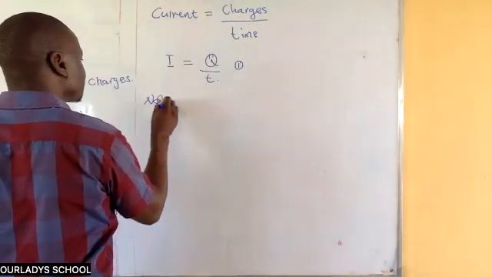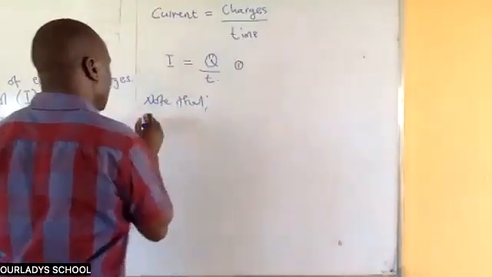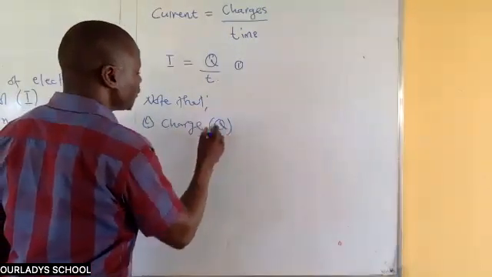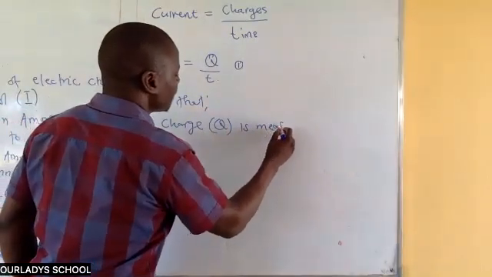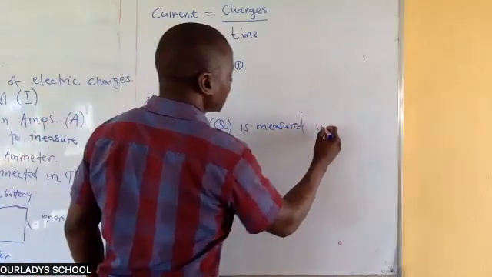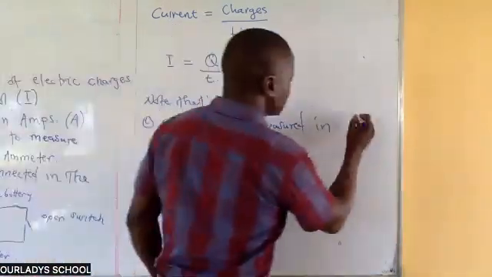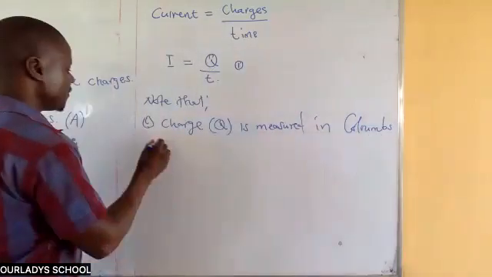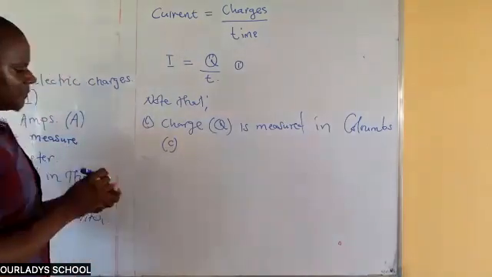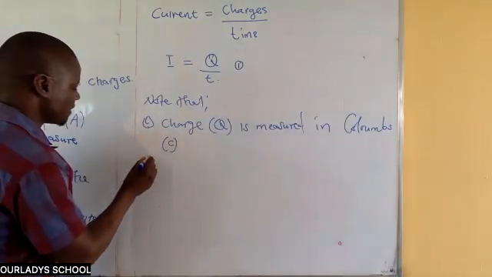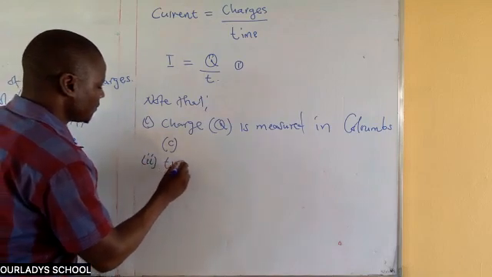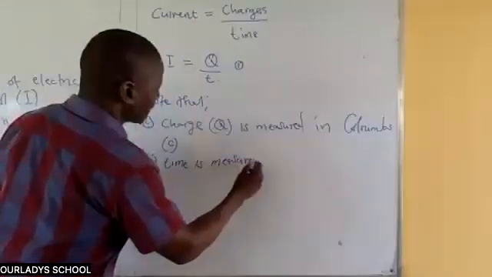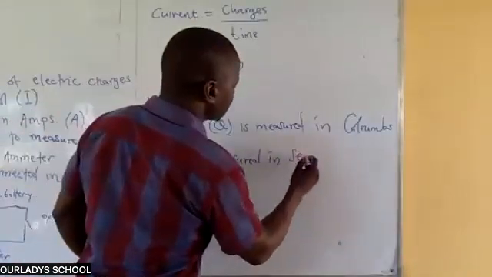Note that a charge, whose symbol is capital Q, is measured in coulombs, and the symbol for coulomb is C. Then number two, a very well-known fact: time is measured in seconds.